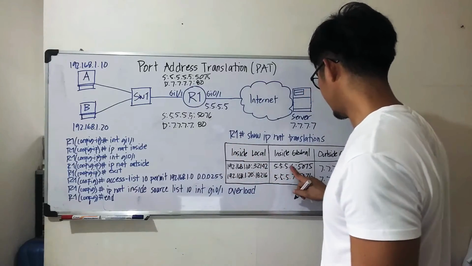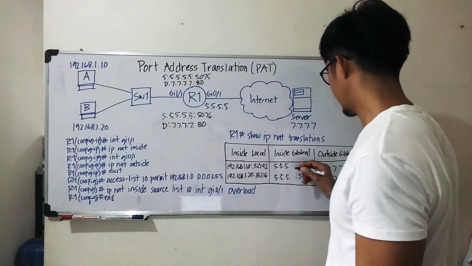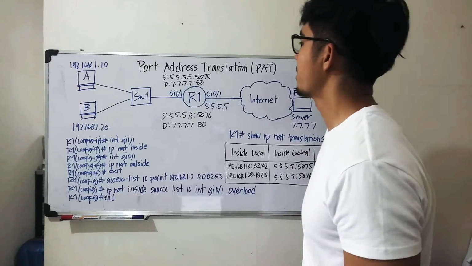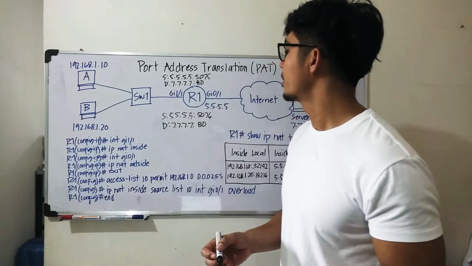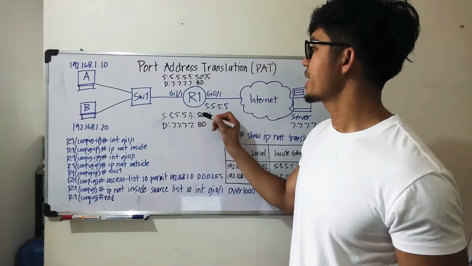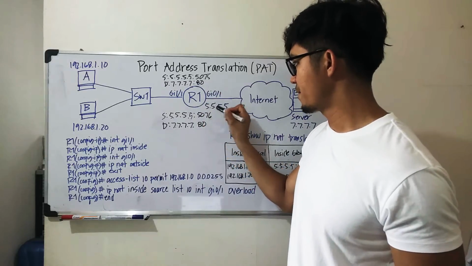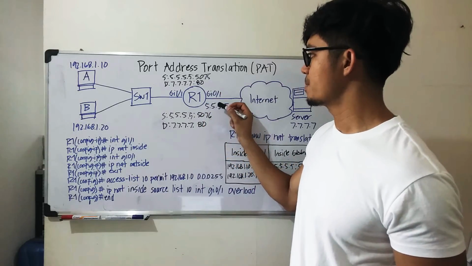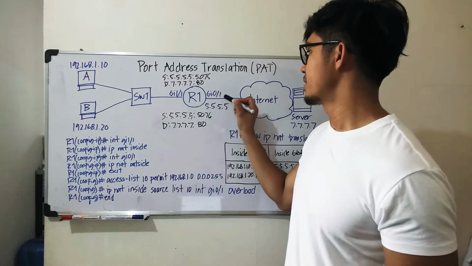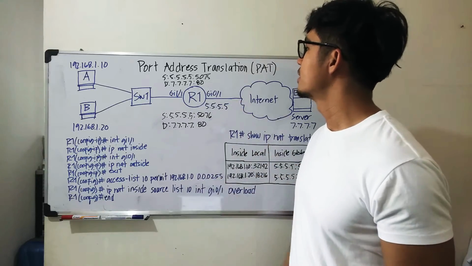So yeah, we are just using a single public IP address here, which is 5.5.5.5, which is the IP address that is configured on gigabit 0/1 on R1 outbound interface.